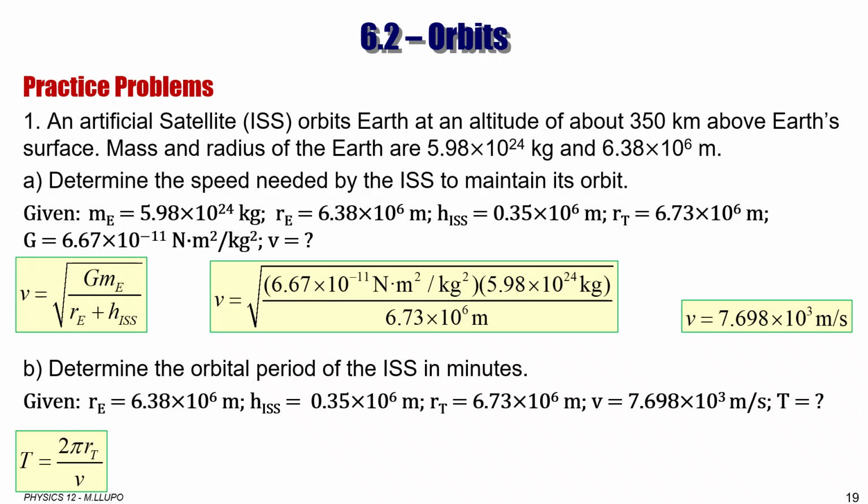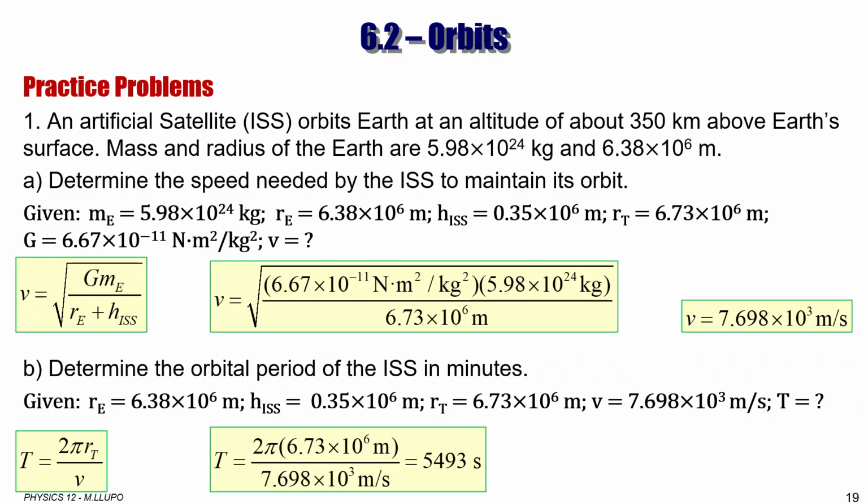So period is 2 pi r total over v. So that means 2 pi times 6.73 times 10 to the power of 6 meter over 7.698 times 10 to the power of 3 meter per second. That will give you 5,493 seconds for sig figs.